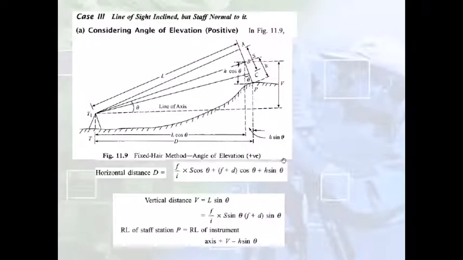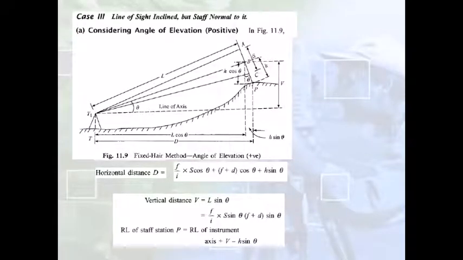Now this is different because the staff is held over here, and the reading that we take is at the point B. So the distance d that we want to calculate is the distance between the point P, which is the location of the instrument, and this point P, where the leveling staff is held.